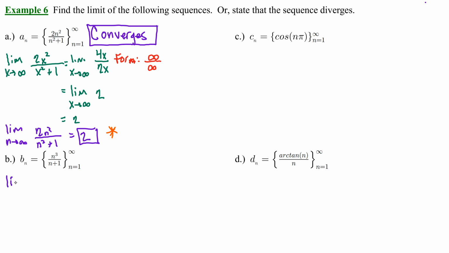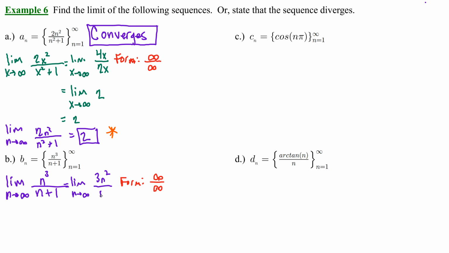To determine if this sequence converges, we need to find the limit as n approaches infinity of n cubed over n plus 1. Notice we can observe on this one we have the form infinity over infinity. That indeterminate form allows us to apply L'Hopital's rule. So we will individually differentiate the numerator and the denominator, obtaining 3n squared in the top and 1 in the bottom.